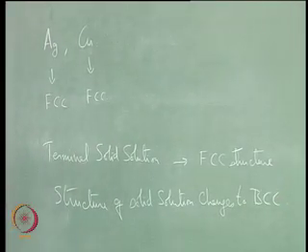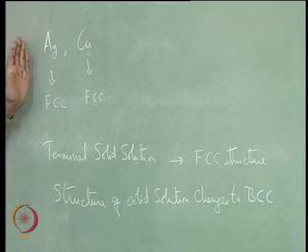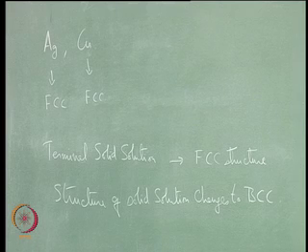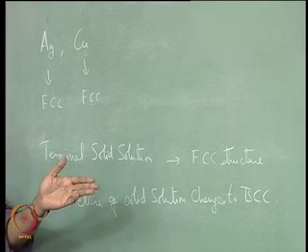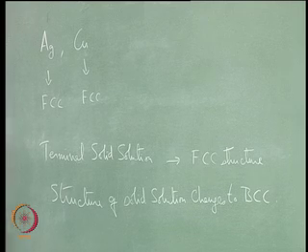This general trend is seen for silver as well as for copper for a number of binary systems based on silver and copper. You start off with FCC, the terminal solid solution is FCC, and as you start adding more and more alloying element, it changes to BCC.